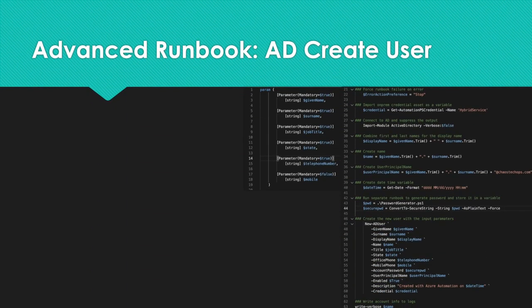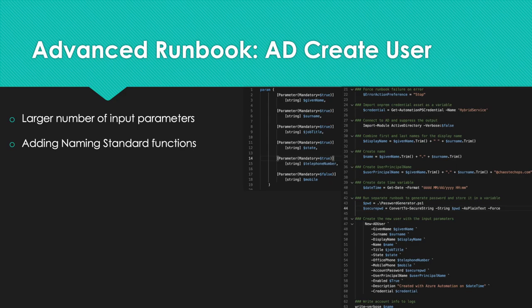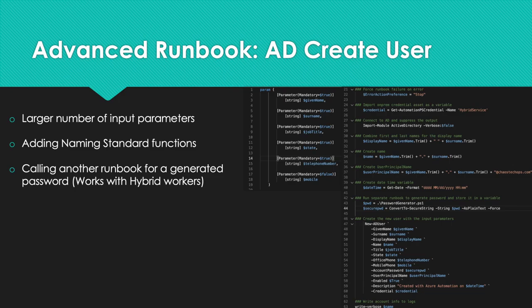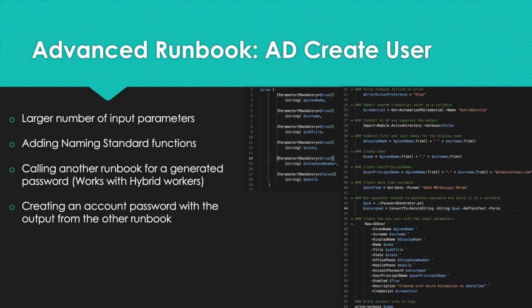So now we're taking a look at an AD create user script, a slightly more advanced Runbook. Here we have, again, a larger number of input parameters. We're adding the naming standard function. We're still able to call that other Runbook that is within Azure. We're creating the account password with the output from that Runbook.